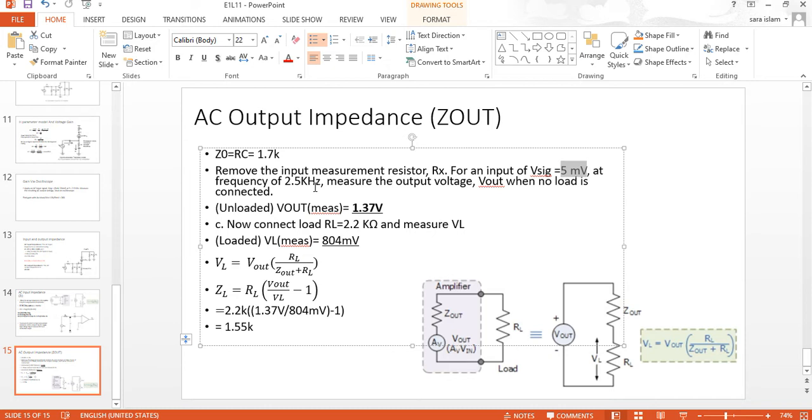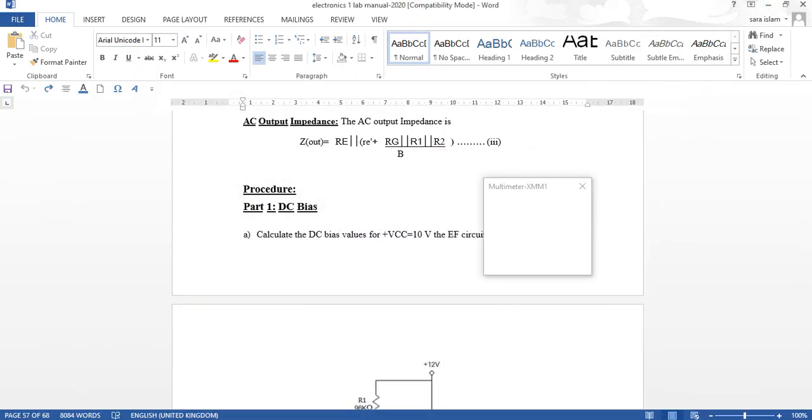And we are going to observe the output voltage unloaded, meaning you are not adding any RL, and then we will connect a resistance of 2.2 kilo ohms and again measure the output voltage. So the difference between both is what we will use to calculate our output impedance. So let's perform it in the lab part.